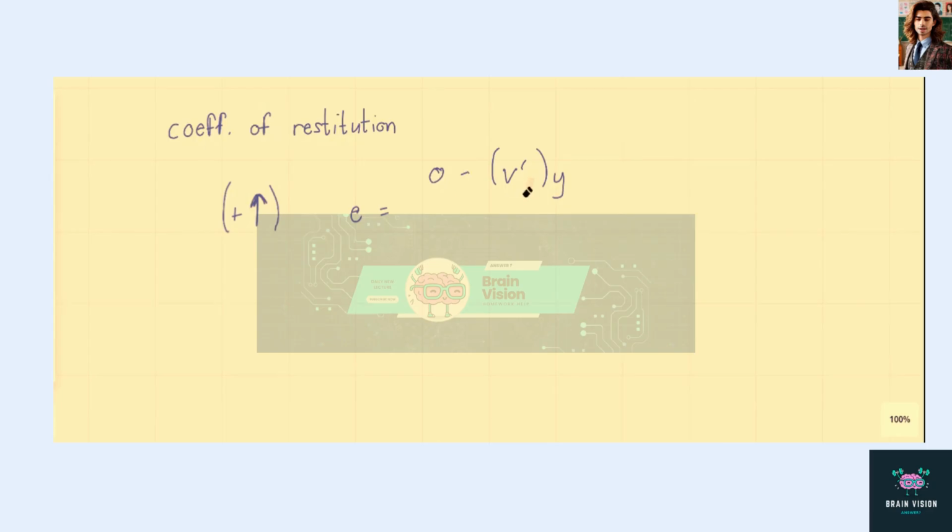Remember, the ground is not in motion, over the initial velocity of the ball in the y direction, vby, and the ground is initially also at rest, so that's minus 0.